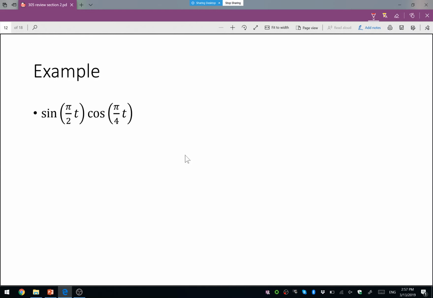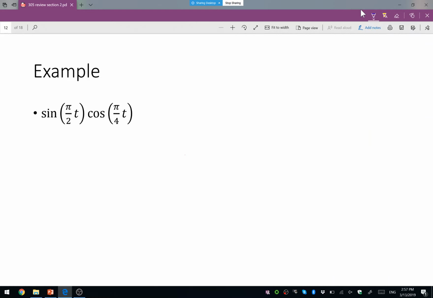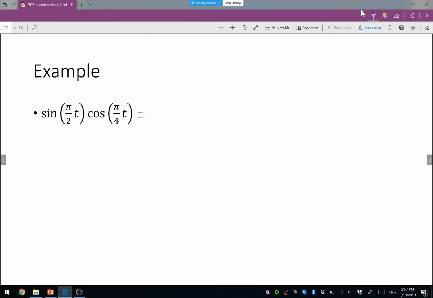So let's do this example. The first thing we want to do is transform everything into exponential. We see this is a product of sine and cosine with different frequencies. If you try to manipulate the sine and cosine, it's a little bit difficult. Well, don't worry about that, because once we are in exponential, we are going to be safe there.